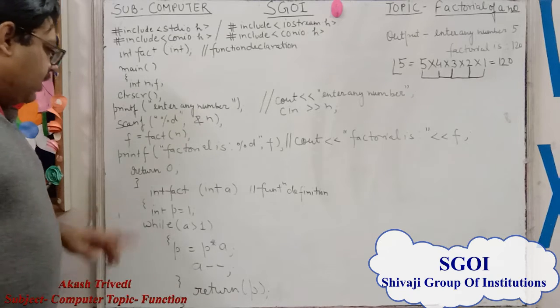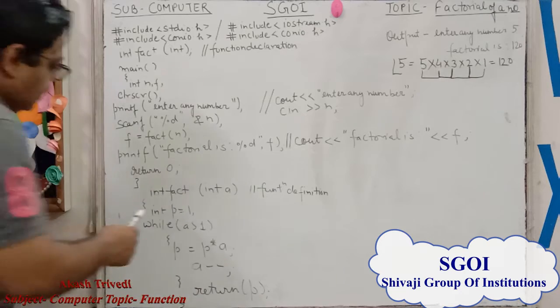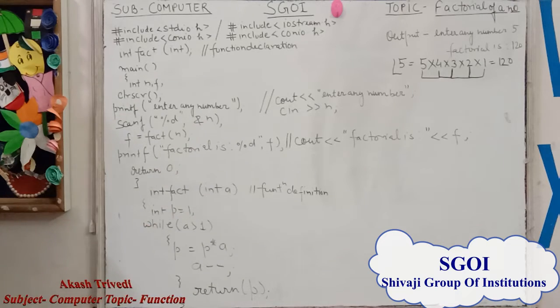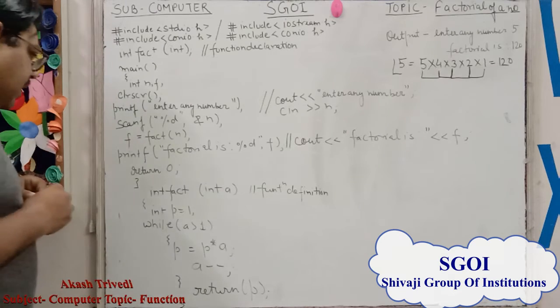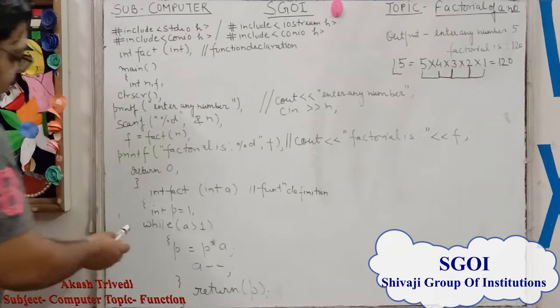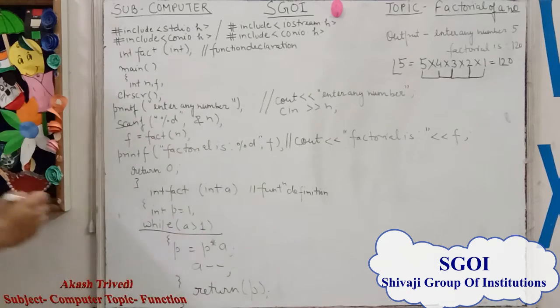The data type is int, the function name is fact, and the parameter is a. Then we open the body of the function and declare a variable p, which is an integer type, and we assign 1 in p. Then we use a while statement. This is used to check the condition.